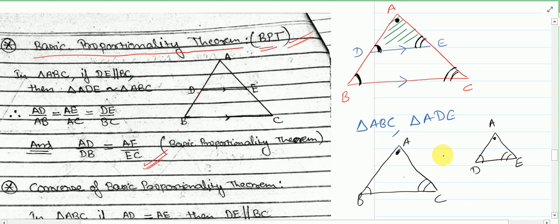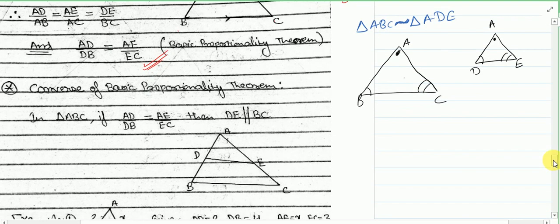So here what do we get? We get that triangle ABC is similar to triangle ADE, okay. And once triangles are similar, then corresponding sides are proportional.